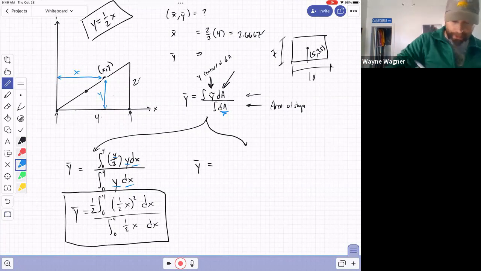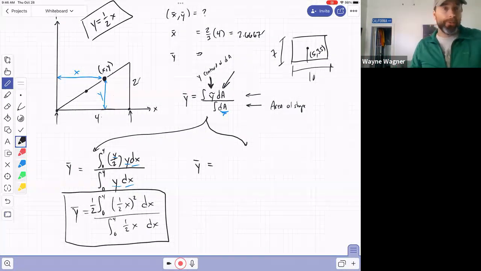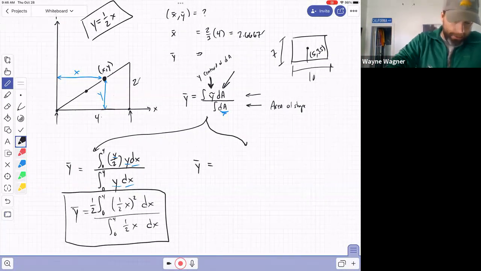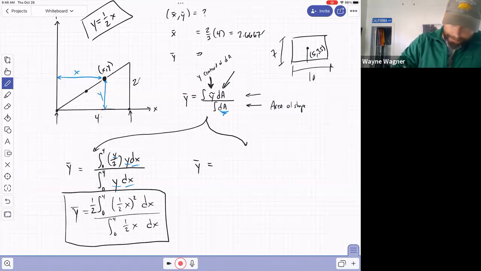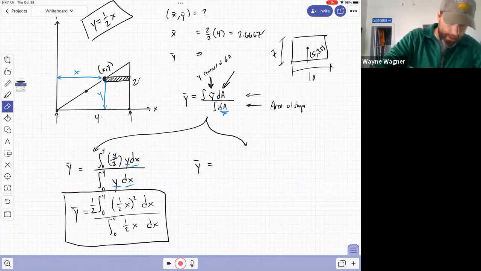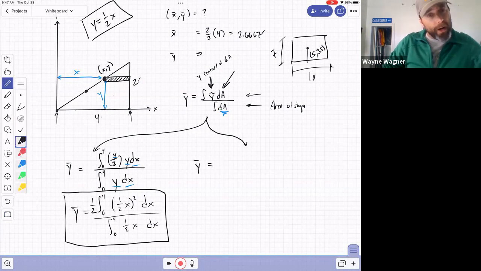Those are the distances, and if you need to, I recommend drawing that to help you figure out what's going on. So in this case, our rectangle is here. And hopefully you can already see that this is maybe a little bit harder.